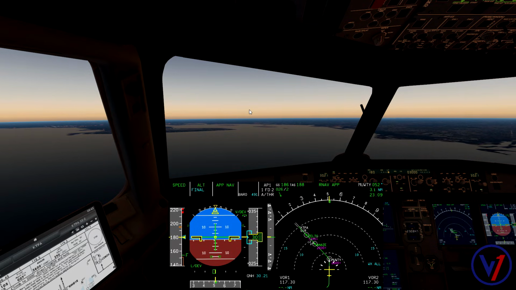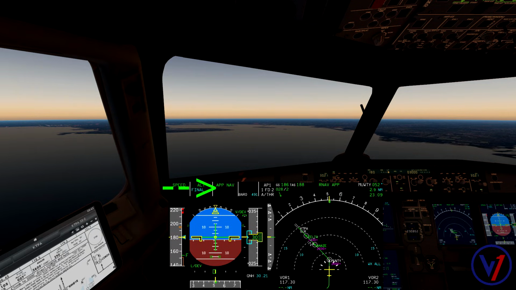Also, as we're flying inbound here, you can see that the APP NAV strategy is active by it being in the green FMA column, and final is armed in blue.